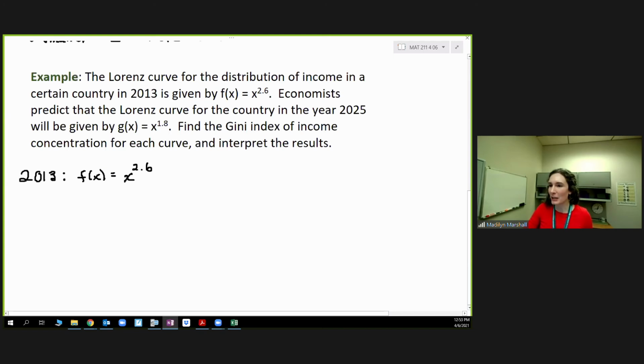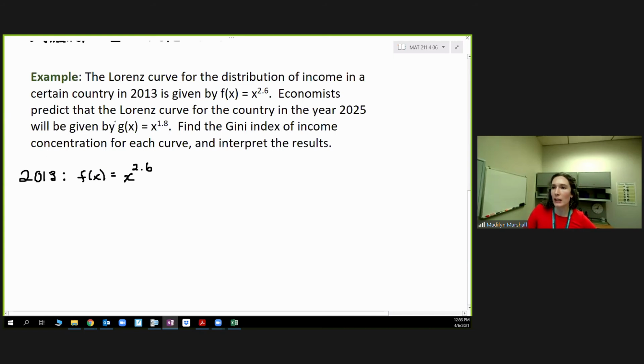So economists predict that the Lorenz curve for the country in the year 2025 will be x to the 1.8. So we want to find the Gini index for each curve and interpret the results.